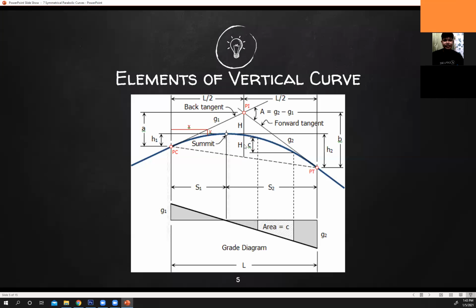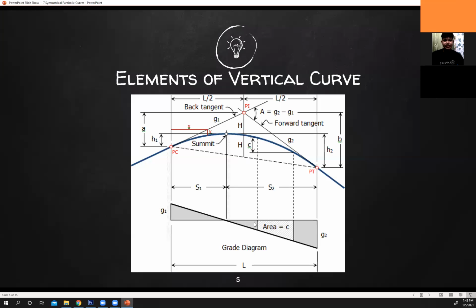The vertical distance of that to your summit or sag is H. And also, the vertical distance of summit to PI is also H. Therefore, the summit lies in between those two distances. Then we have this A. A is the angle of intersection, or it's just the difference of grades G1 and G2.